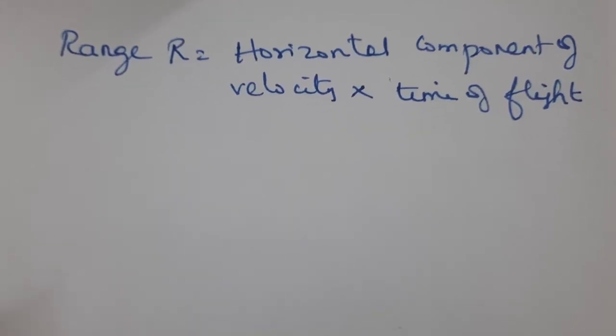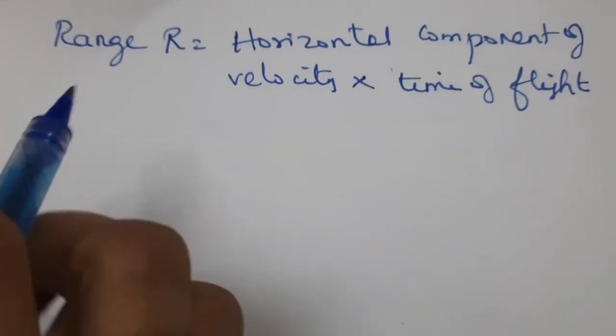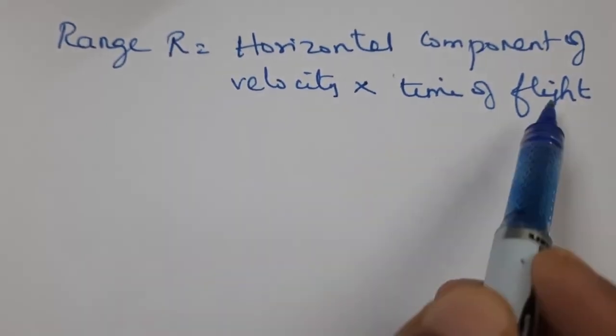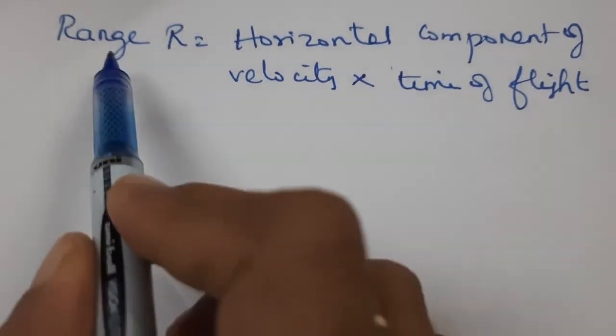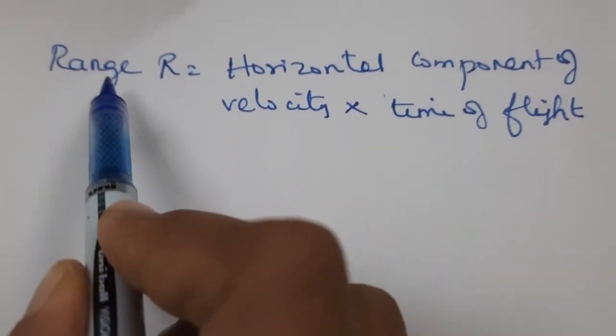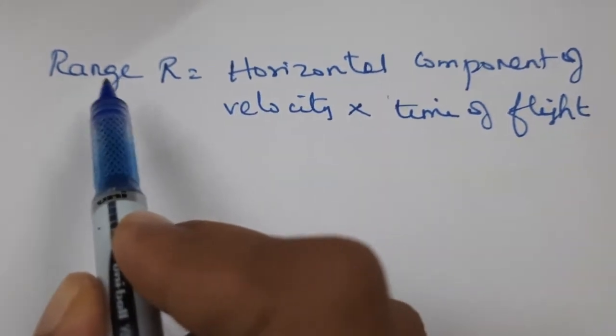The range R can be easily obtained by the horizontal component of velocity into time of flight. That is, distance is equal to velocity into time. Here the distance is nothing but the horizontal distance, that is the range.